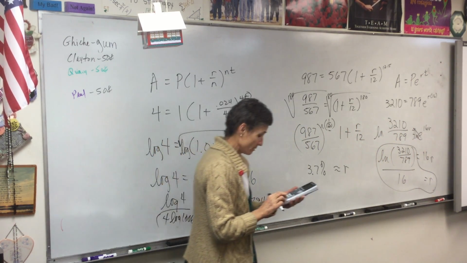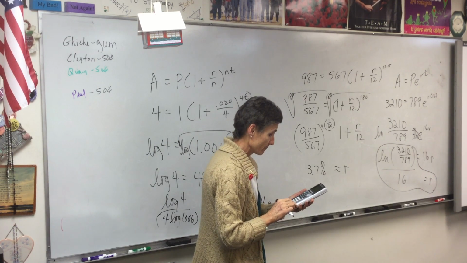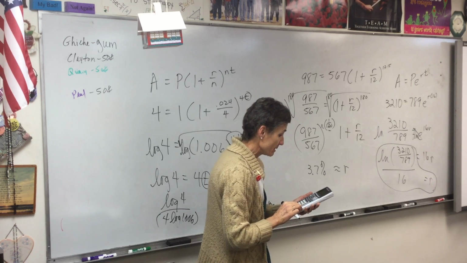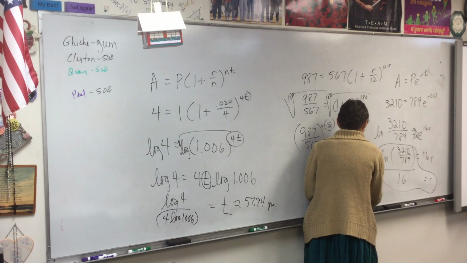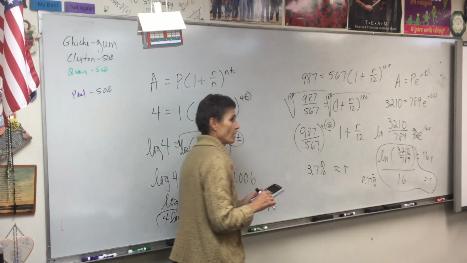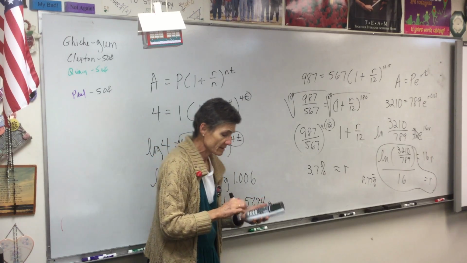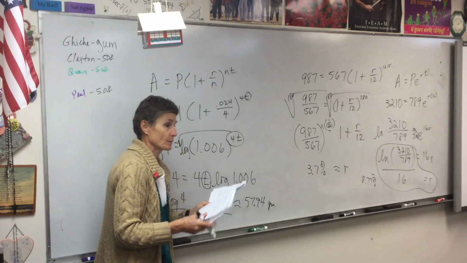So ln of 3210 divided by 789 divided by 16. My interest rate is about 8.77%. Or it wasn't interest rate, it was growth rate, wasn't it? So the growth rate of this bacteria is about 8.77%.